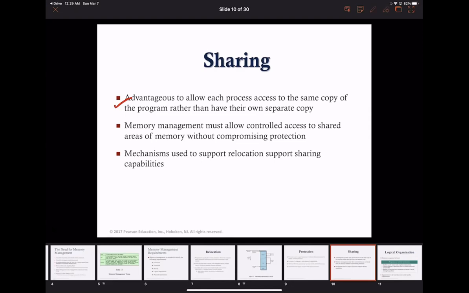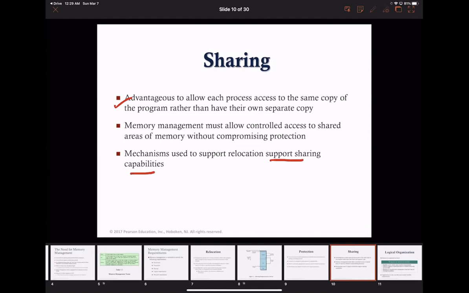The memory management system must therefore allow controlled access to shared areas of memory without compromising essential protection. That's why I said that an efficient memory manager should handle both requirements, protection and sharing. Again, we will see different mechanisms that are used to support relocation, which would also support sharing capabilities and even protection capabilities in different operating systems.